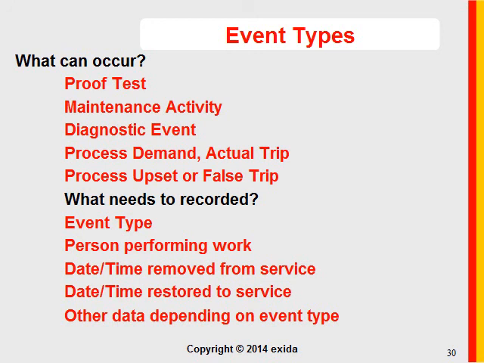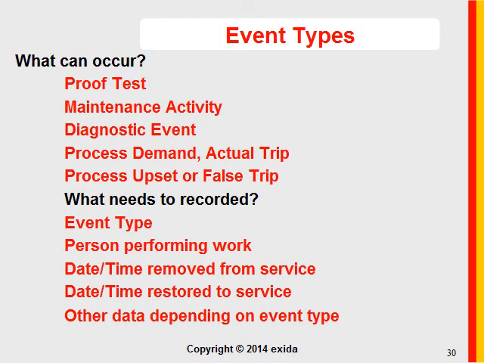So, what are the types of events? Typically, your proof tests. Those are the main ones. But there may be specific maintenance activities. If you have an issue with plugged impulse lines, you may want to schedule a maintenance activity to periodically clean out those impulse lines. Or if you look at specific gas sensors, the actual gas sensing element may need to be replaced once every 3 months.